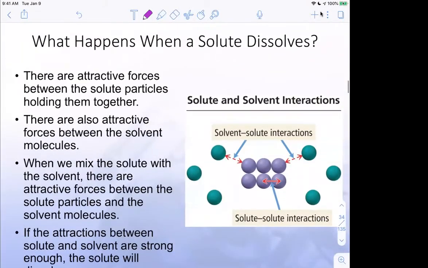All right, so what happens when a solute dissolves? There are attractive forces between the solute particles that hold them together.